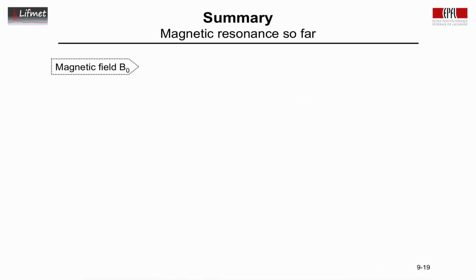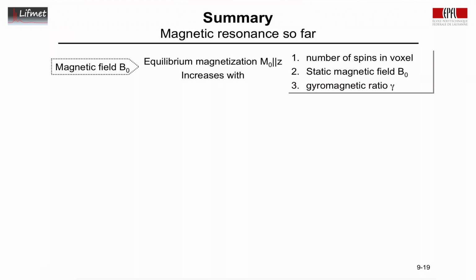This establishes an equilibrium magnetization M0 that is parallel to the z-axis, and this equilibrium magnetization increases with the number of spins in the voxel, with the static magnetic field B0, and with the gyromagnetic ratio gamma. So that's one thing that we need.